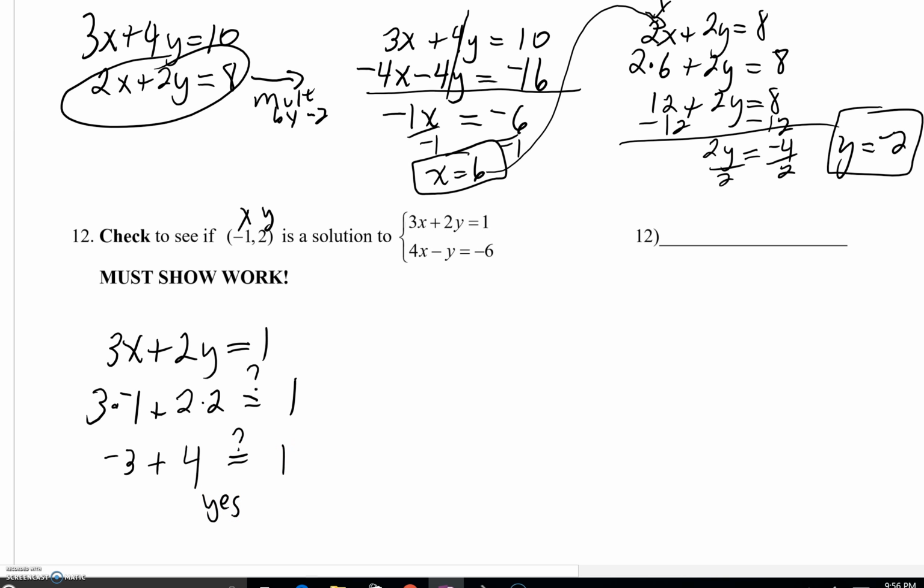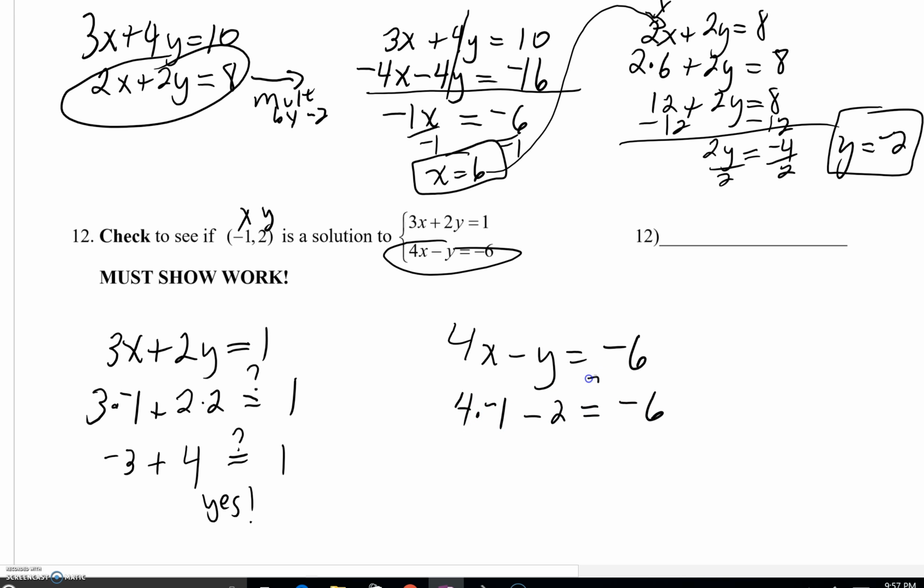Yes. Now be careful. It's very tempting to say, wonderful, this is a solution. But we don't know if the point in question is a solution until it can be shown that it solves both of these equations. It makes both equations true. So take 4x minus y equals -6. Plug in -1 for x. Plug in a 2 for y.